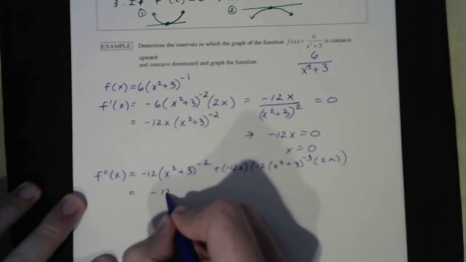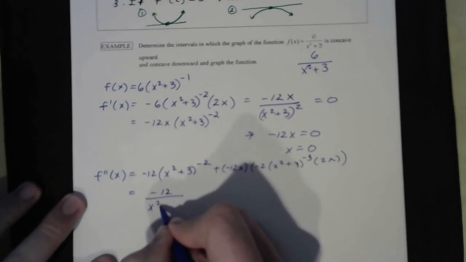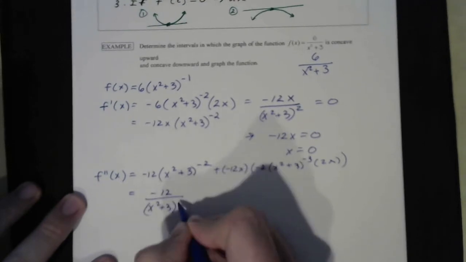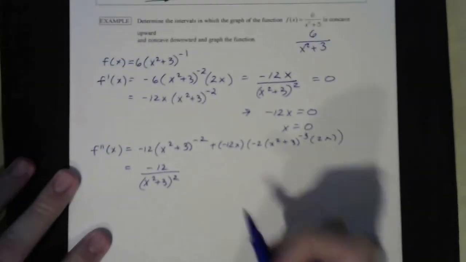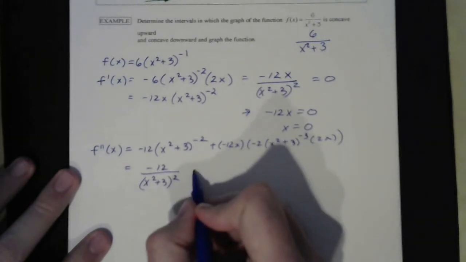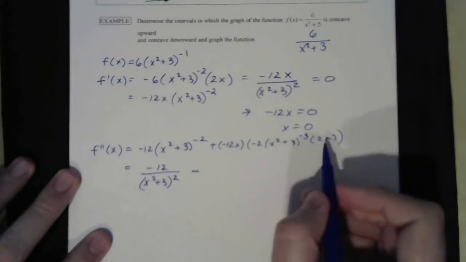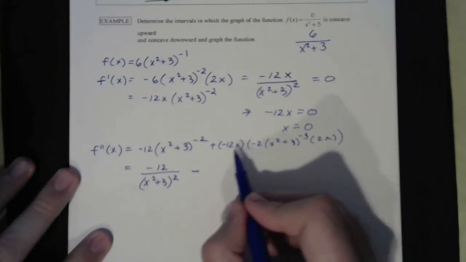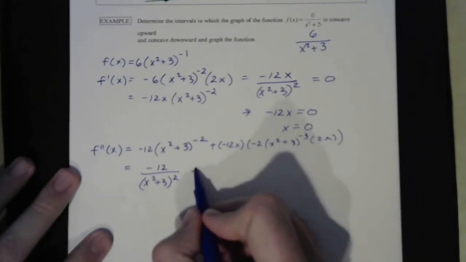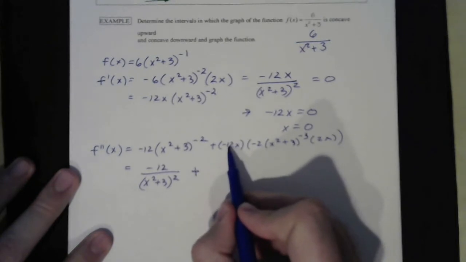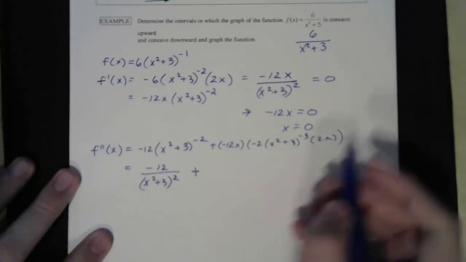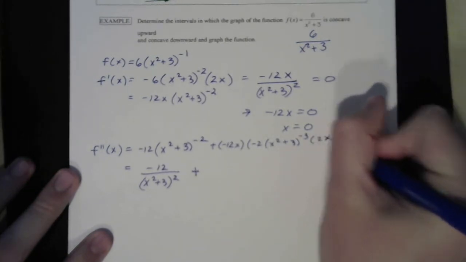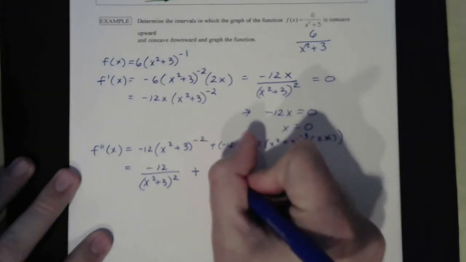So this is negative 12 over x squared plus 3 quantity squared. And this is going to be minus 24, 12 times, it's going to be minus minus plus, so plus. So this is positive 24 times 2 is positive 48.